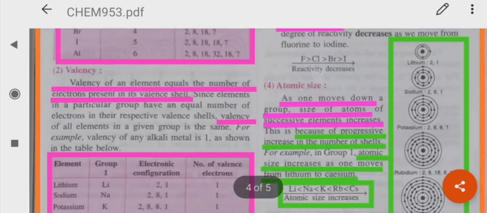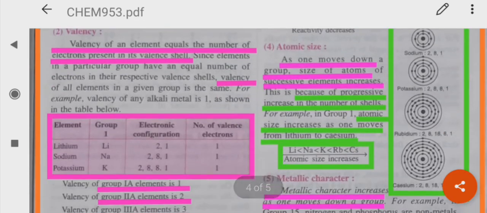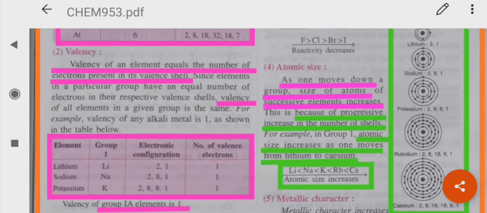Then comes valency. Valency of an element equals the number of electrons present in its valence shell. Now, we know that elements in a particular group have an equal number of valence electrons. That means they will have the same valency.